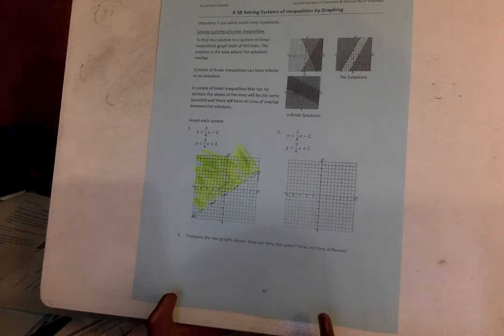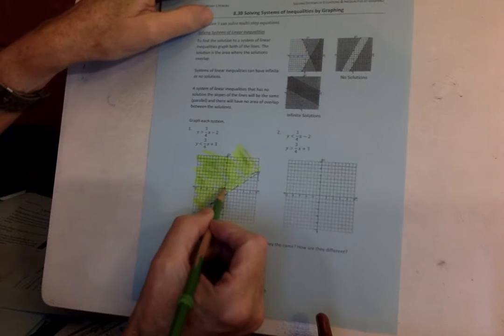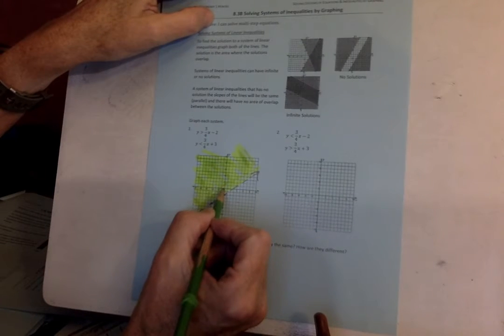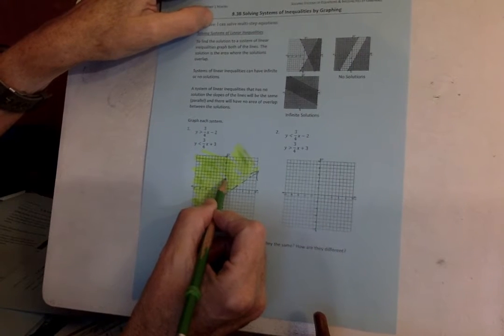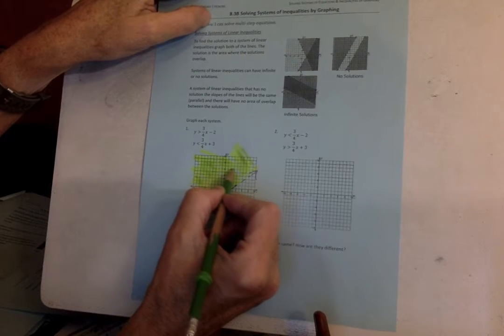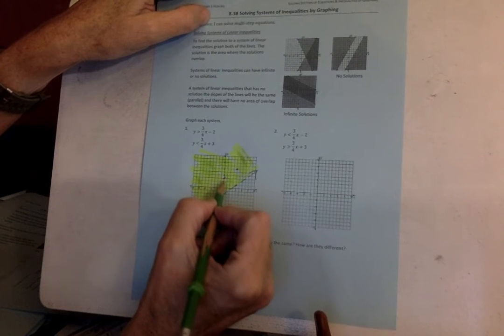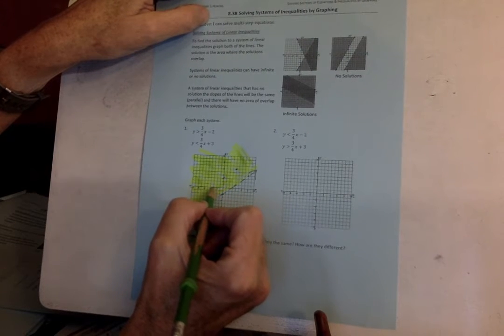The next one says y is less than 3/4 x plus 3. So I'm going to go 1, 2, 3, and I'm going to put a point there, rise 3, go over 4. 1, 2, 3, 1, 2, 3, 4.